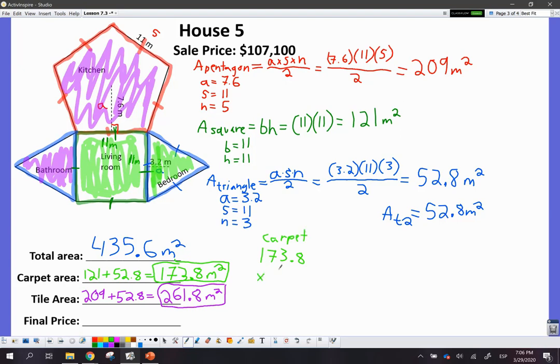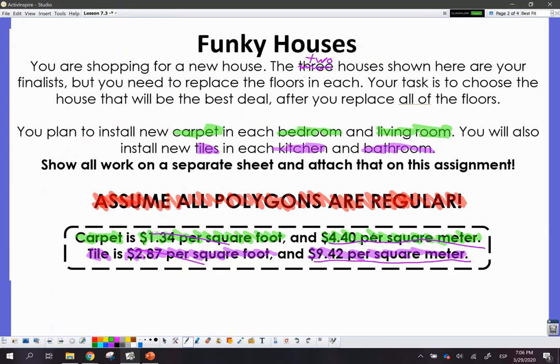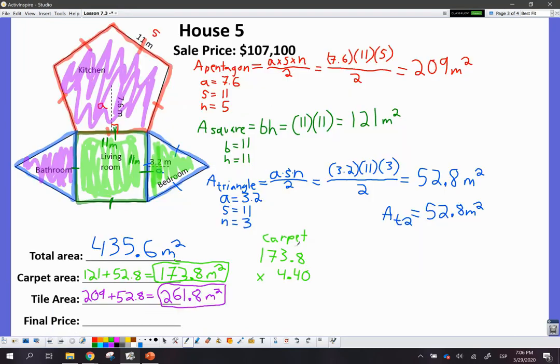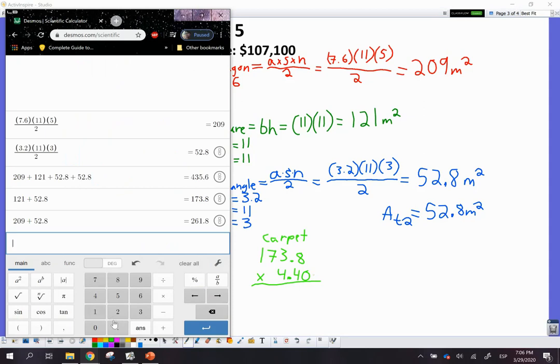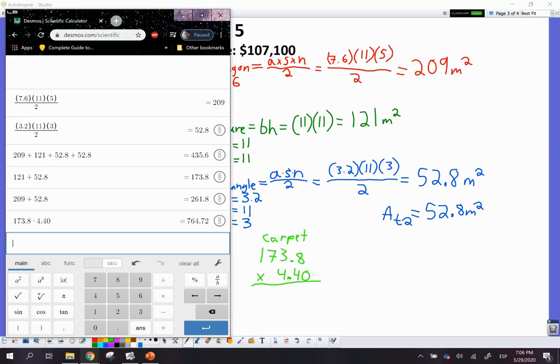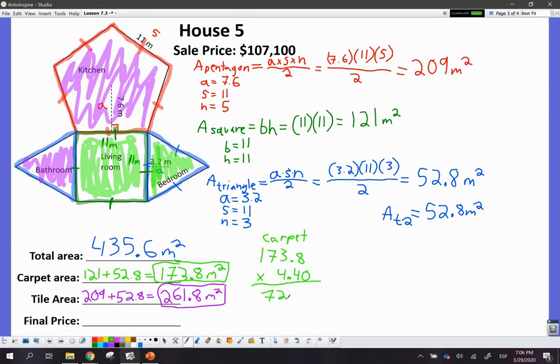Now, since my cost for carpet is $4.40 per square meter, and we can verify that back here, then that means that I need to multiply these two to find the total cost of replacing the carpet. So let's go to our calculator. We have 173.8 times $4.40. That gives us 764.72.